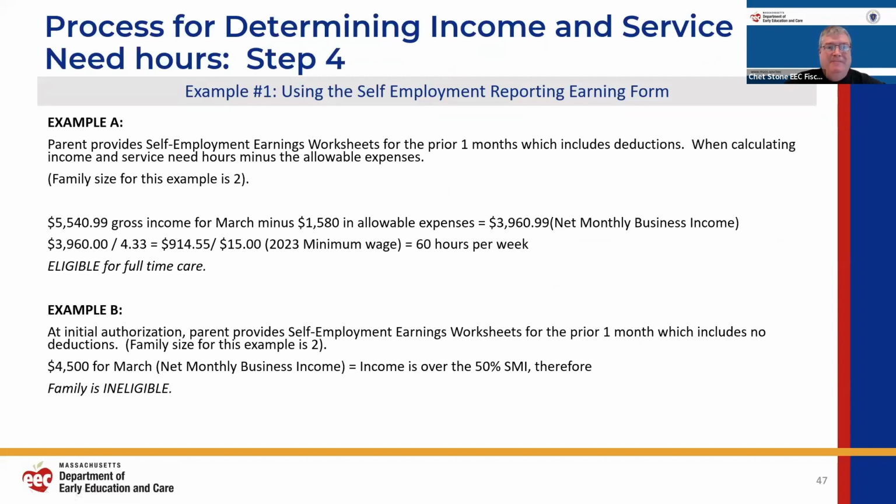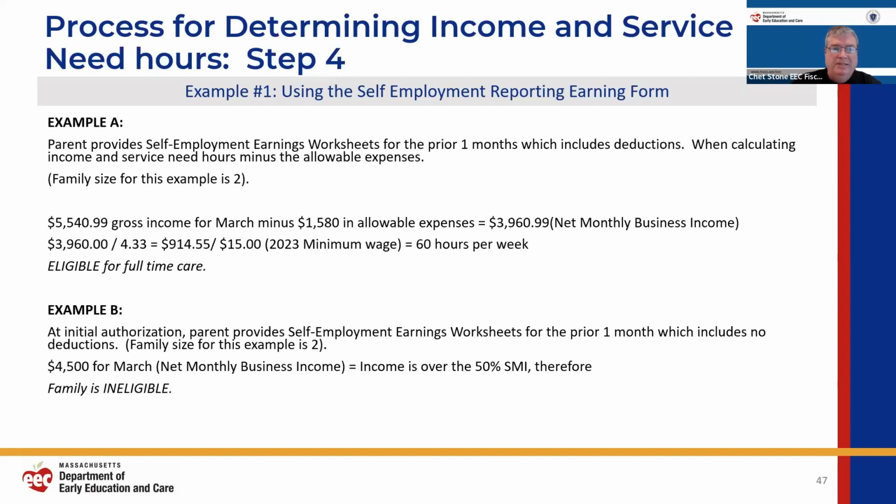Okay, here's the process for determining income and service need hours, step 4. This is an example A using the self-employment reporting earnings form. Parent provides the self-employment earnings worksheet, so you fill out the worksheet for the 1 month, which includes the deductions, when calculating income and service need hours minus the allowable expenses. So they come in, you do the form, they say, hey, my gross income was $5,540 for March. They say, here's all my expenses.